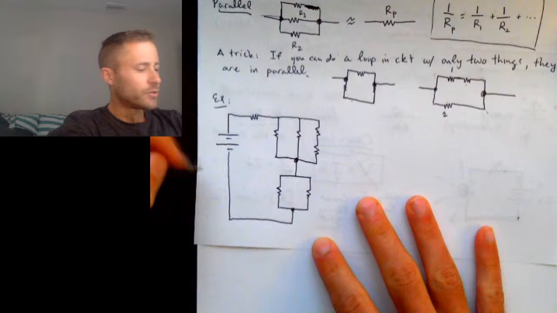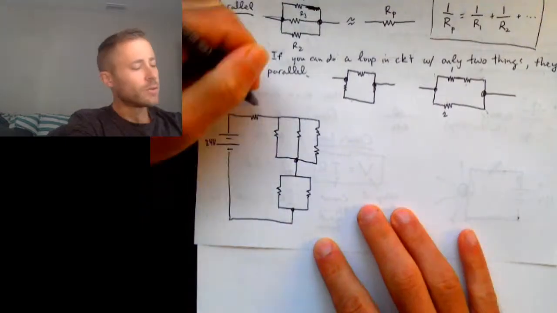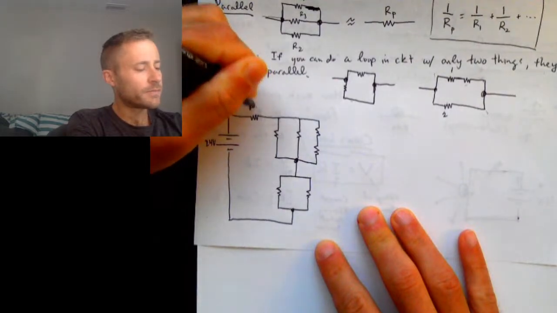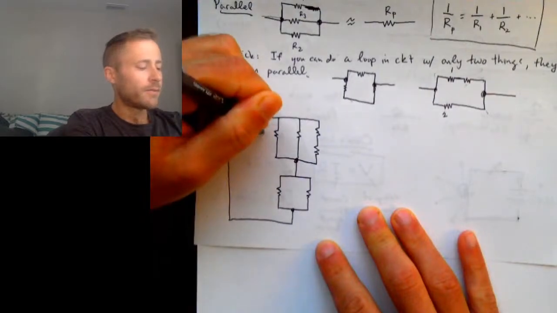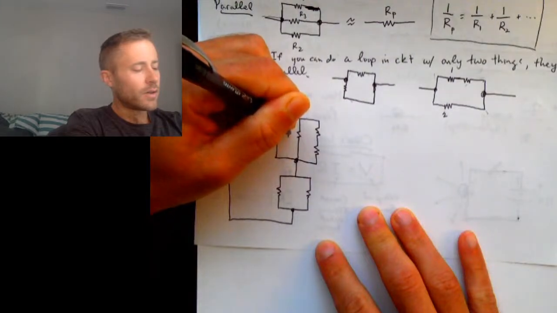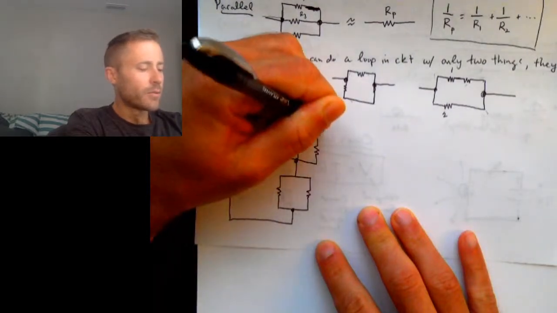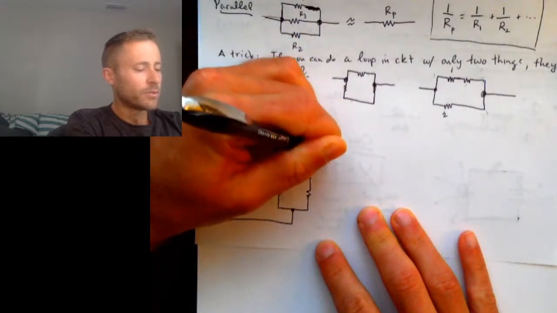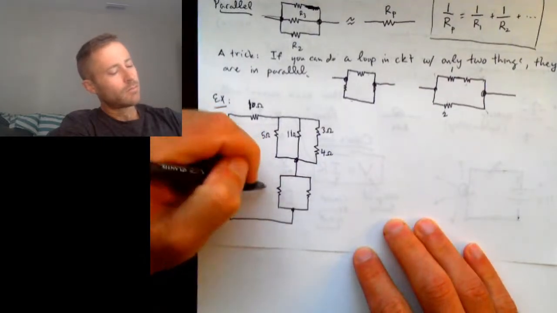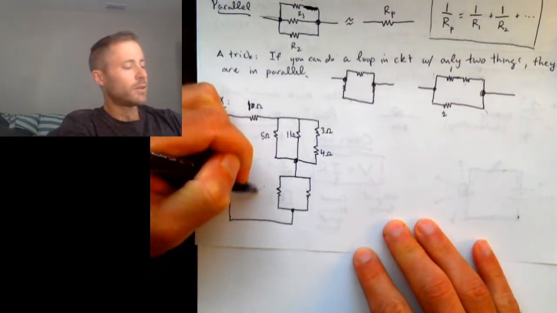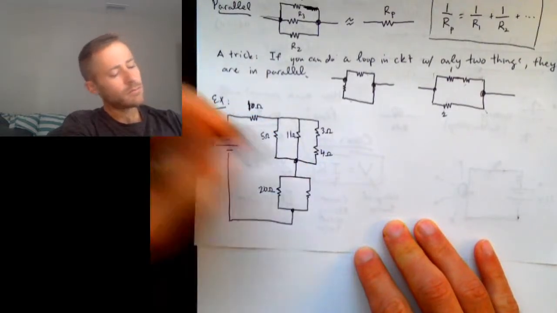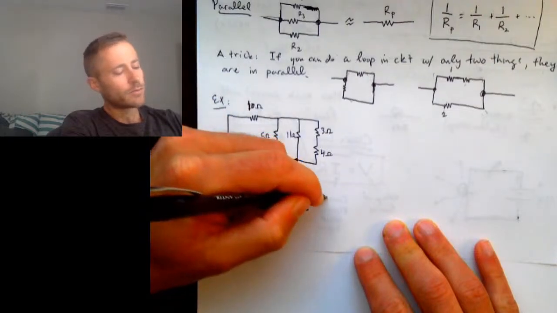So this is a 24-volt battery. We'll say that this is let's say 10 ohms, 5 ohms, 11 ohms, 3 ohms, 4 ohms, let's say 20 ohms, and 12 ohms. Okay.